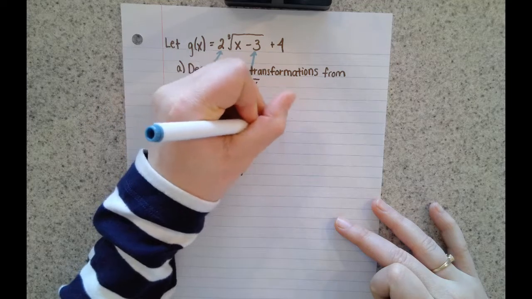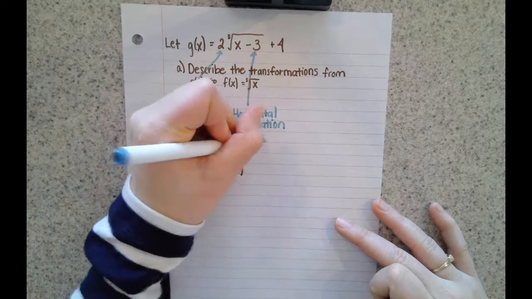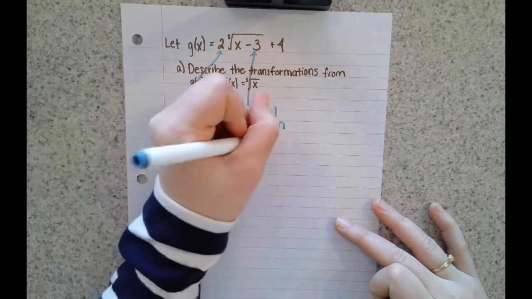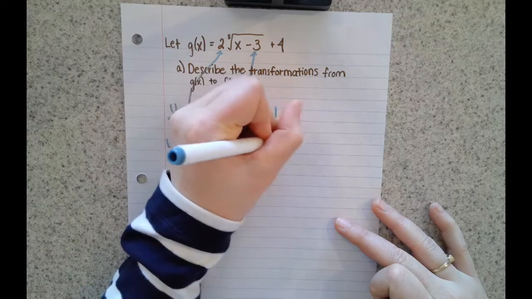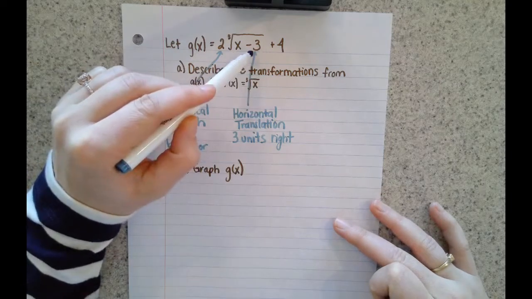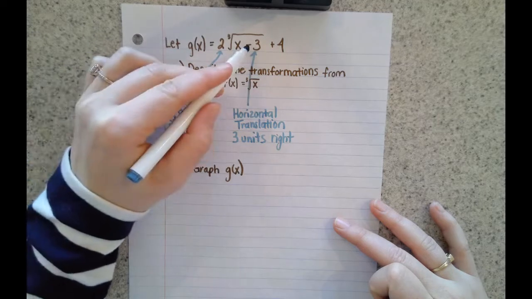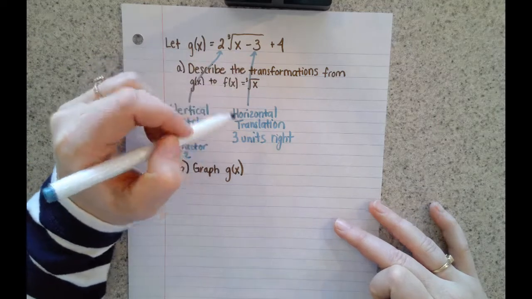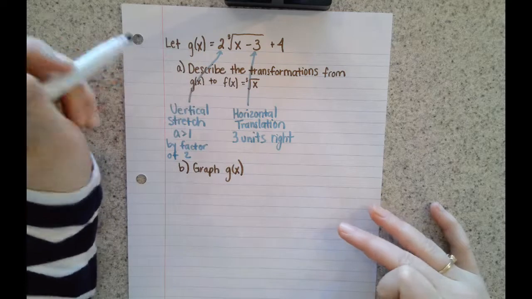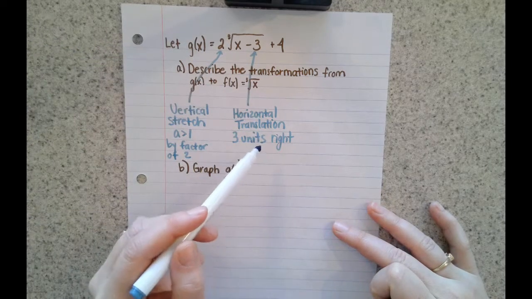So this is going to be a horizontal translation 3 units right. When you pull this number out of the equation, it is a +3 rather than a -3. When you're in the coordinate plane and you're going +3 on your x-axis, you're moving to the right.